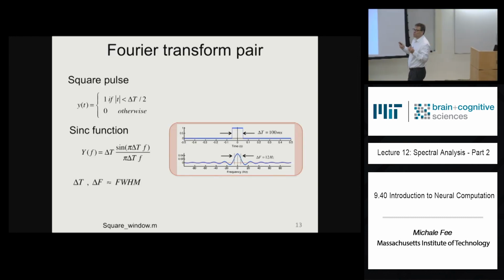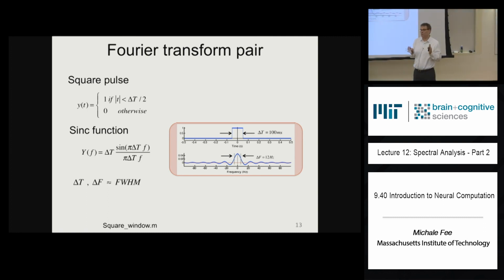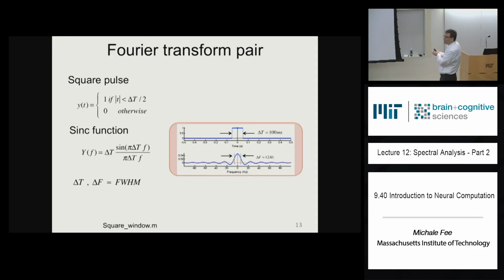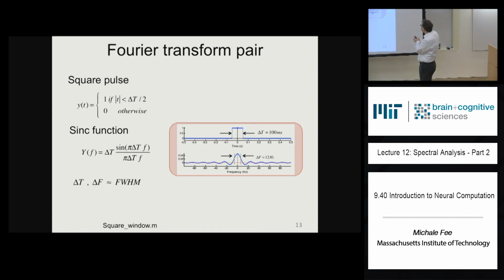One of the most important functions to know the Fourier transform of is a square pulse like this. Let's take a function of time. It's zero everywhere, but it's 1 if the time is within the interval plus delta t over 2 to minus delta t over 2. So a square pulse like that, and let's take the case where delta t is 100 milliseconds.